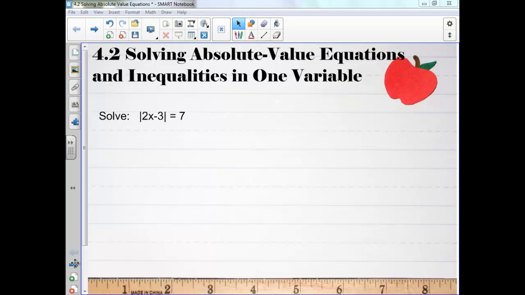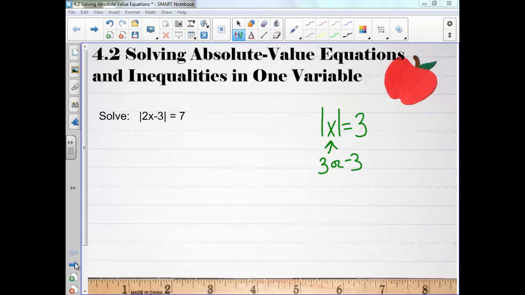Now remember, if we were to have, for example, the absolute value of x equals 3, that means inside here we could have had a 3 or a negative 3, because either way when we took the absolute value, we'd get a positive 3. So we'll use the same idea over here.